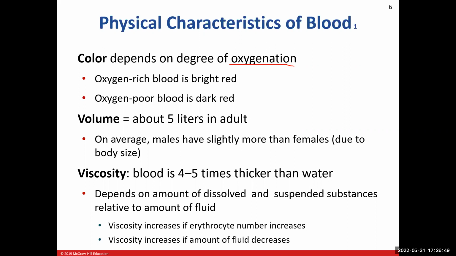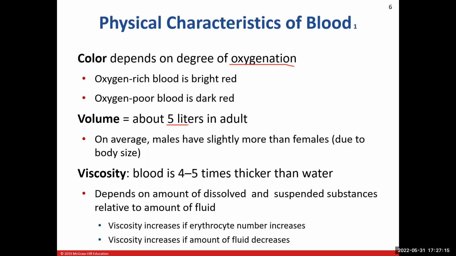So it'll bump the oxygen off. More about that later on. So normally, when we're discussing the volume of blood in an adult, we're going to see about 5 liters, slightly less in females who usually have a smaller body size than males, but about 5 liters in an adult. Right? So the next physical characteristic that we discuss is volume.